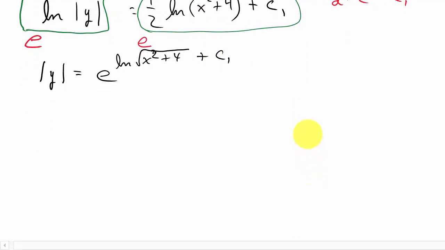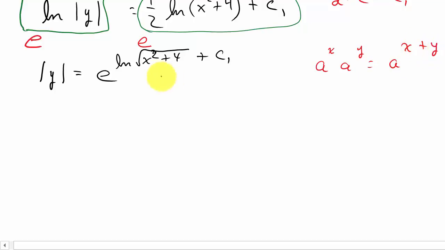Now let's take a look at this. If you remember your exponent properties, a to the x times a to the y is equal to a to the x plus y.